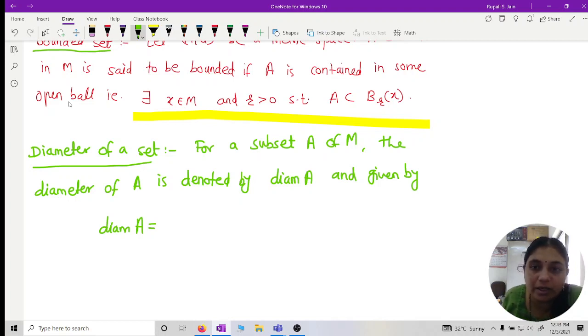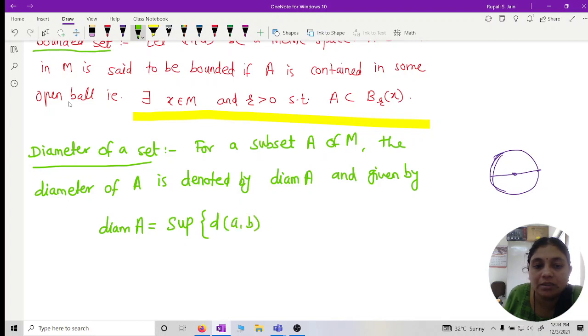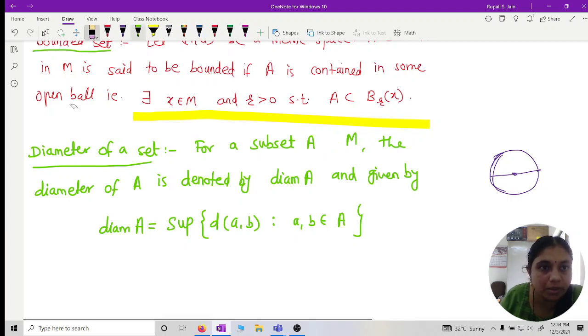Suppose this is your ball. What is the diameter? The diameter is this one. It is the supremum of the distance between any 2 points of that set. So the diameter of A is the supremum taken over the distance between any two elements a and b belonging to A, right? Write this down properly.